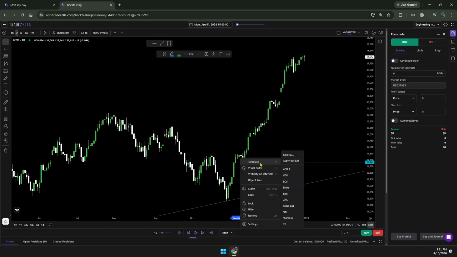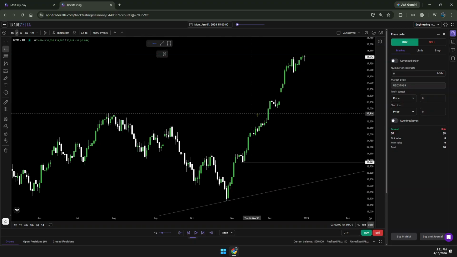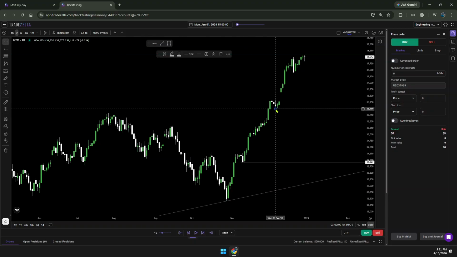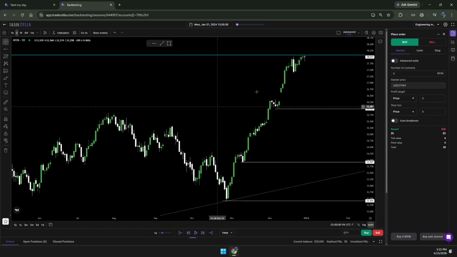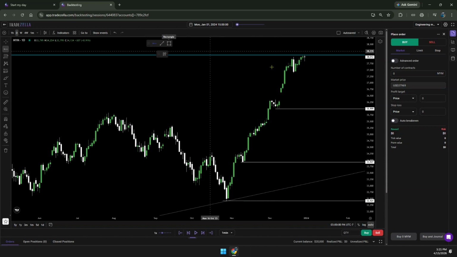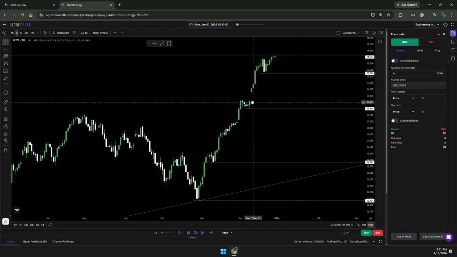So I do mine a little different than most, and that's okay. This came through my experimentation, so it's just something that I've come to do. My support resistance is almost kind of like my trend line system.